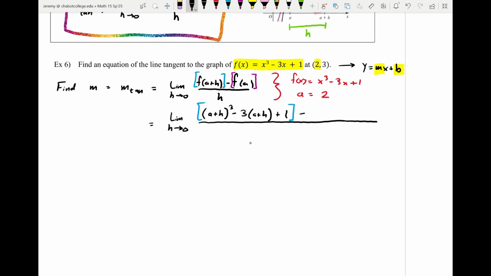Here, I'll tell you what. I'm going to do this in a couple steps here. We can just write f of a, which is a cubed minus 3 times a plus 1, all over h. So that was dealing with the function part. But remember, we actually have a particular value for a. A is equal to 2.